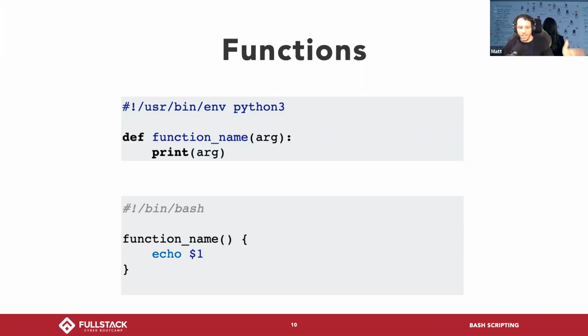You just declare your function name, put parentheses, and open it up with curly braces, and your Bash code will live in there. Functions, again, are going to be useful when you want to repeat. You want to make your code more modular and repeatable. You want to make it more readable. But for us, we're never going to be writing too many big scripts that are going to need functions, at least for now. I just want you to be aware that you can do it.